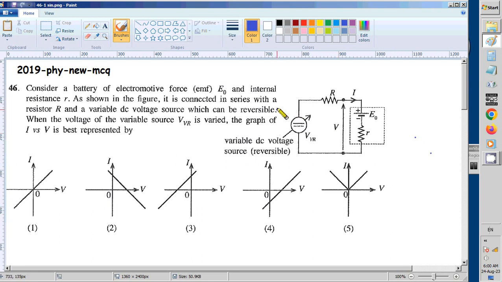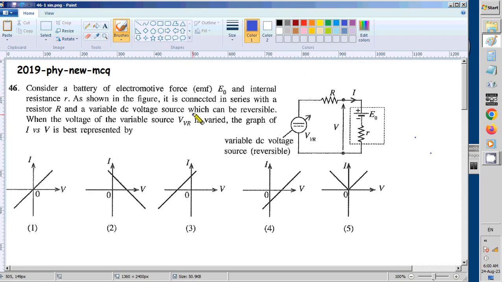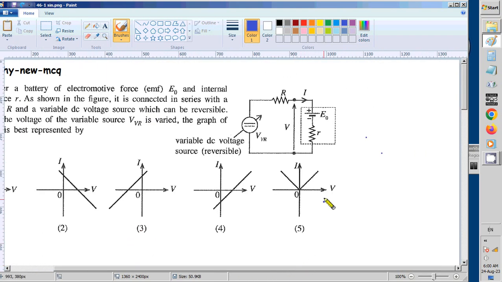So children, first of all you have to identify this circuit, what they have done with this battery. You can do two things with a battery. The first one, we can consume the battery, say to light up a bulb, or to run a motor or something like that.